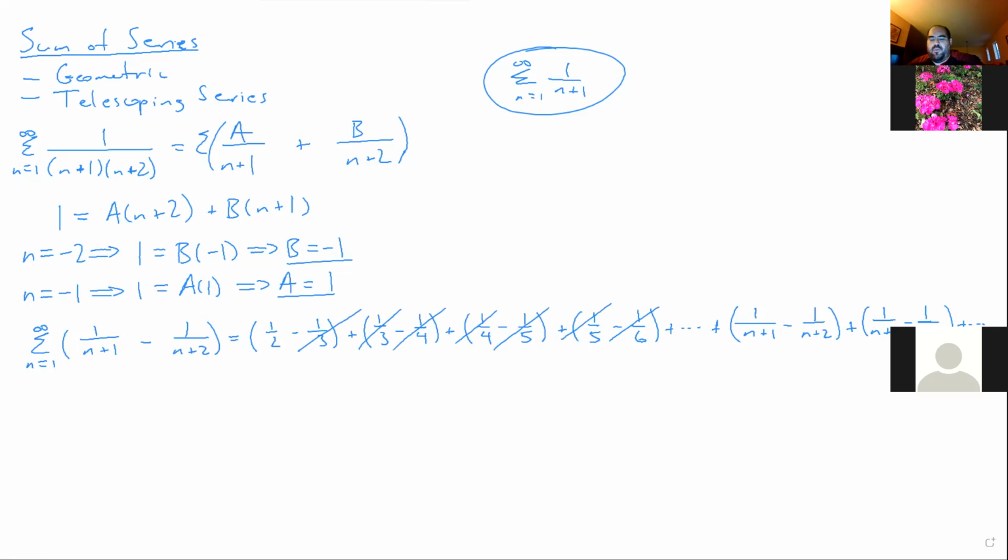So really what I'm left with is that this sum is equal to the limit as n approaches infinity of 1/2 minus 1/(n+3). If I just keep listing terms, all that's going to survive is the first term and the last term. Because of that, the sum is going to be 1/2.